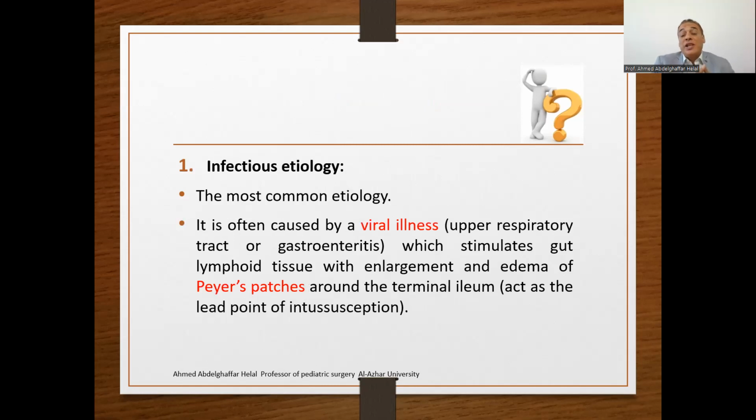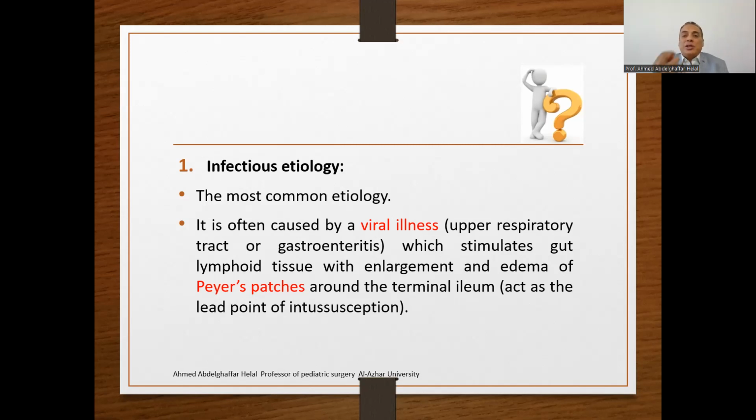Infectious etiology is the most common one, often caused by a viral illness affecting the infant, like an upper respiratory tract infection or viral gastroenteritis. This viral infection and viremia will stimulate the gut lymphoid tissue, causing enlargement and edema of the Peyer's patches around the terminal ileum.